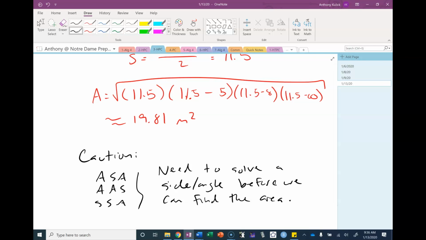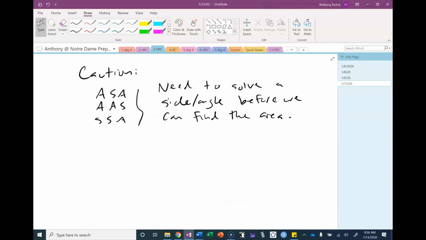So just as a heads up, that can happen. That doesn't mean that the problem's impossible, that you can't calculate the area for it, but you might need to use one of these formulas first before you have enough information to use the area formula. Okay?